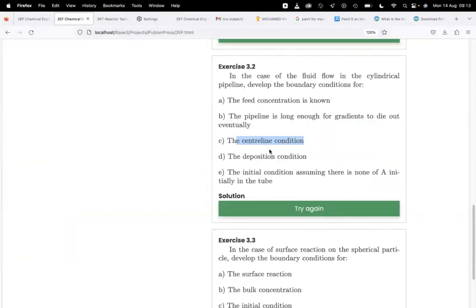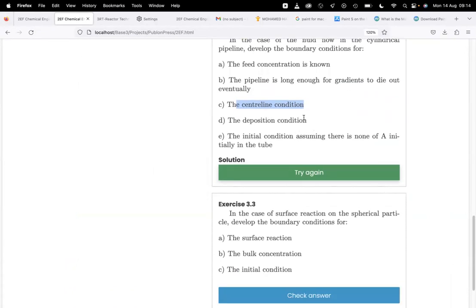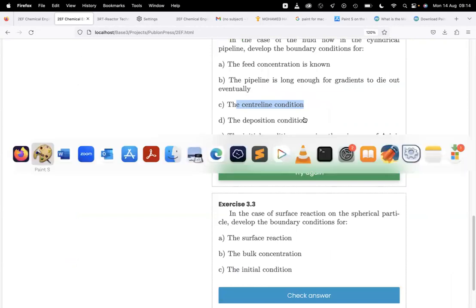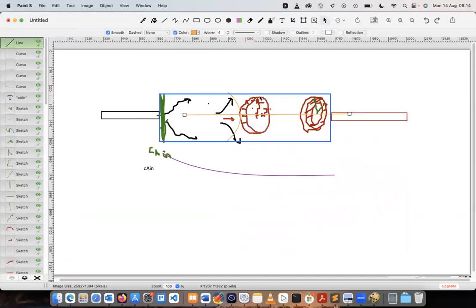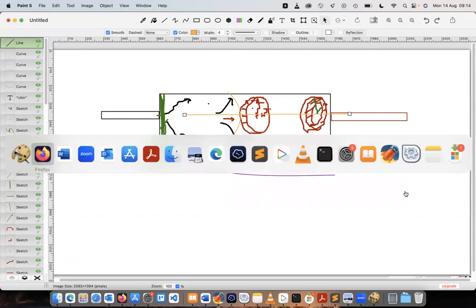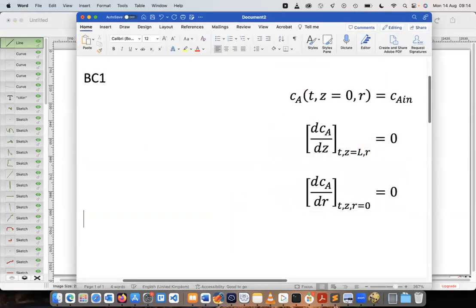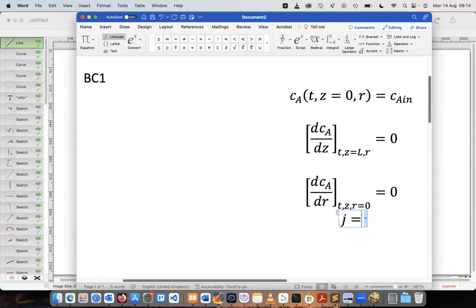Okay, so we have symmetry. And then, of course, we have the deposition condition. We said that at the surface of the pipeline, A is being deposited there. And we were also given a deposition rate. We said J equals kCA. So the deposition flux was J equals kCA. And we know that's equal to the molar flux in that direction.